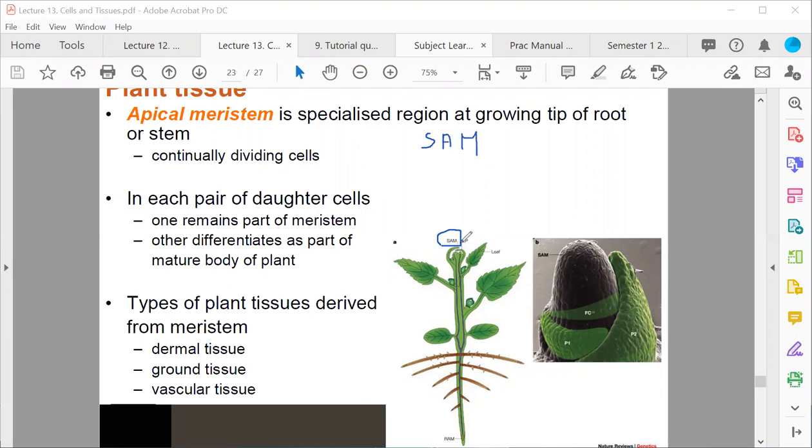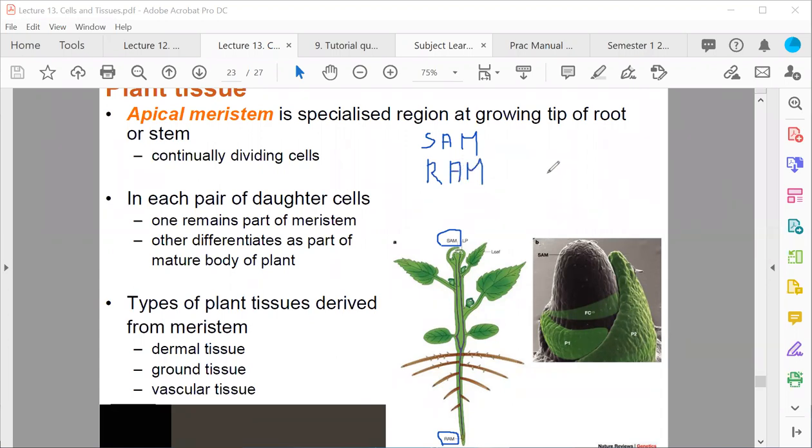So that's found at the very tip of the growing shoot. And there's another one down here. Just behind the actual root tip, there's another specialised region of cells, and it's called the root apical meristem, or RAM. So they're easy to remember, SAM and RAM.